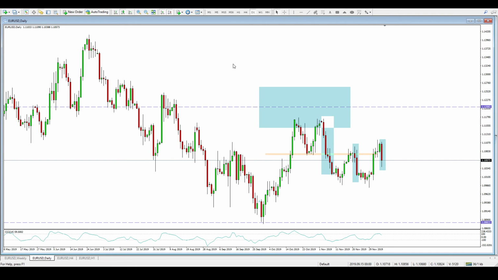Now let's look at the buyers. This set of the buyer right here, this set of the buyer here, let's look at these buyers here too.